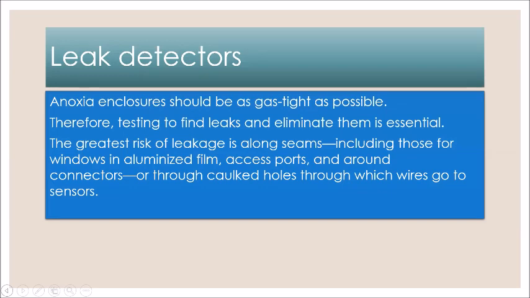And the greatest risk of leakage is along seams where they are joined, and including those for windows in aluminized film. I've shown you pictures with the transparent plastic, but another layer of aluminum can also be added if you don't think that you need to see the object, because it is very effective.